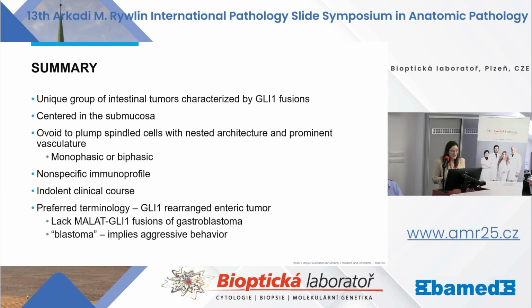They can be monophasic or biphasic, typically with a non-specific immunoprofile. Our cases had a pretty indolent clinical course with no recurrences or metastases on follow-up. Ultimately, we decided that the preferred terminology for these tumors was GLI1-rearranged enteric tumor.